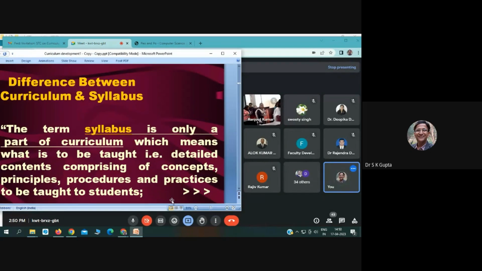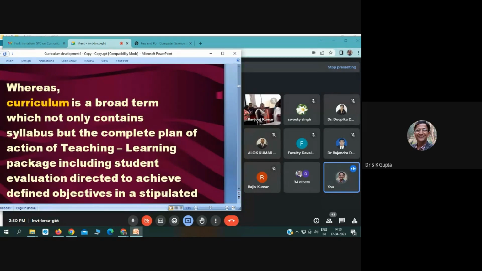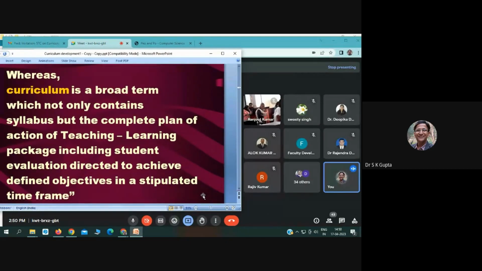So syllabus is only a part of curriculum, while curriculum is a broad term which not only contains the syllabus but the complete plan of action of teaching-learning practice, including student evaluation, directed to achieve defined objectives in a stipulated time frame.